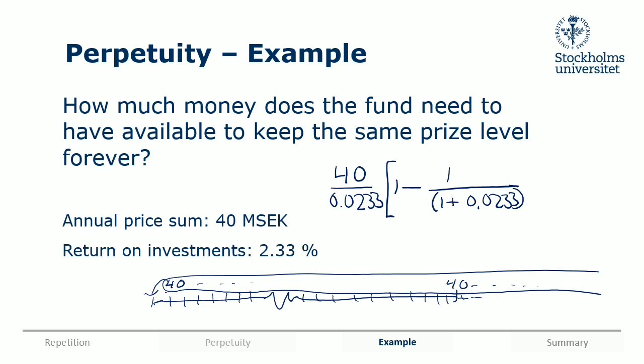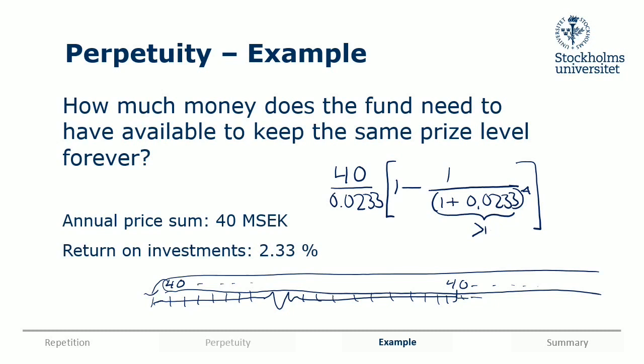We cannot raise to infinity, and if I want to do that, I need to introduce limits, which I will not do, but we can just say I raise this to something very, very large. You can imagine if we raise 1.0233 to, let's say, 1 million, it will become a very, very large number, since this is larger than 1.